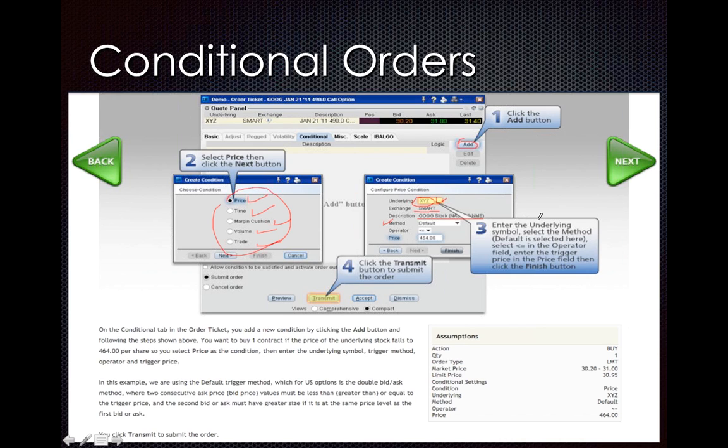I would like to dedicate a little bit more time to this operator, because the default method selected here is quite important. There are a few default methods, and you can see that for US options, the default trigger method is the double bid/ask method.